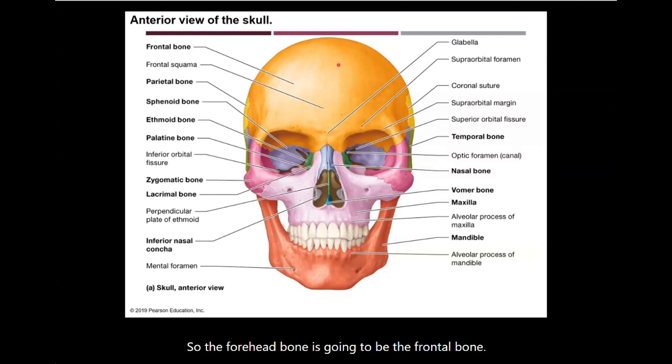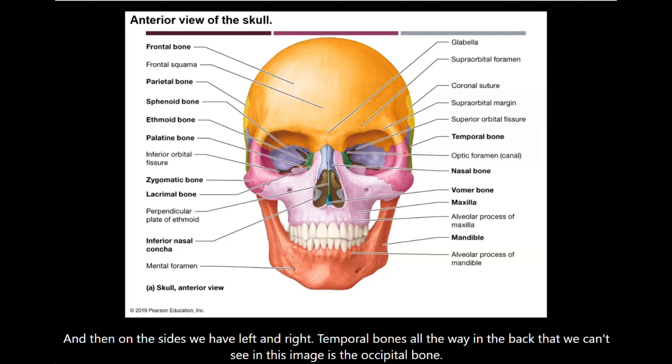So the forehead bone is going to be the frontal bone, and then a little bit to the back, we have left and right parietal bone, and then on the sides, we have left and right temporal bones. All the way in the back that we can't see in this image is the occipital bone.